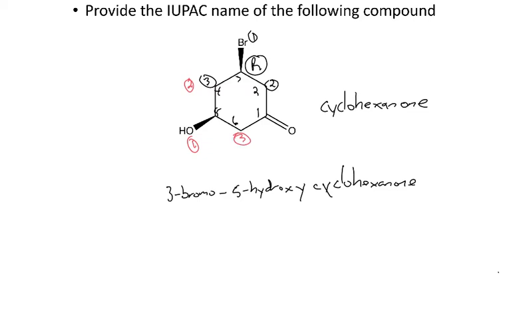And so again, 1, 2, 3, I'm going clockwise. The hydrogen's in the back already, so that carbon is also R. So when I put in the stereo descriptors, I'm going to have 3R, 5R, 3-bromo, 5-hydroxy, cyclohexanone.